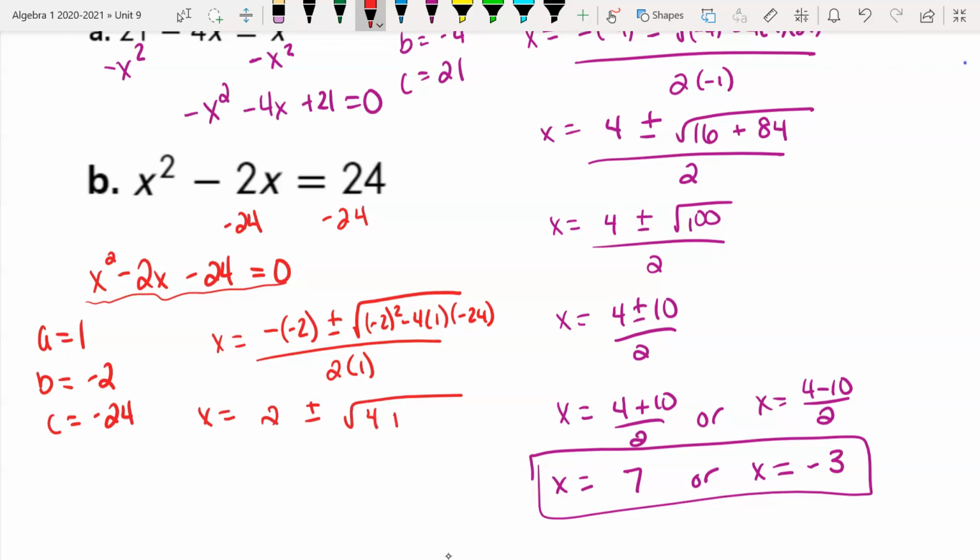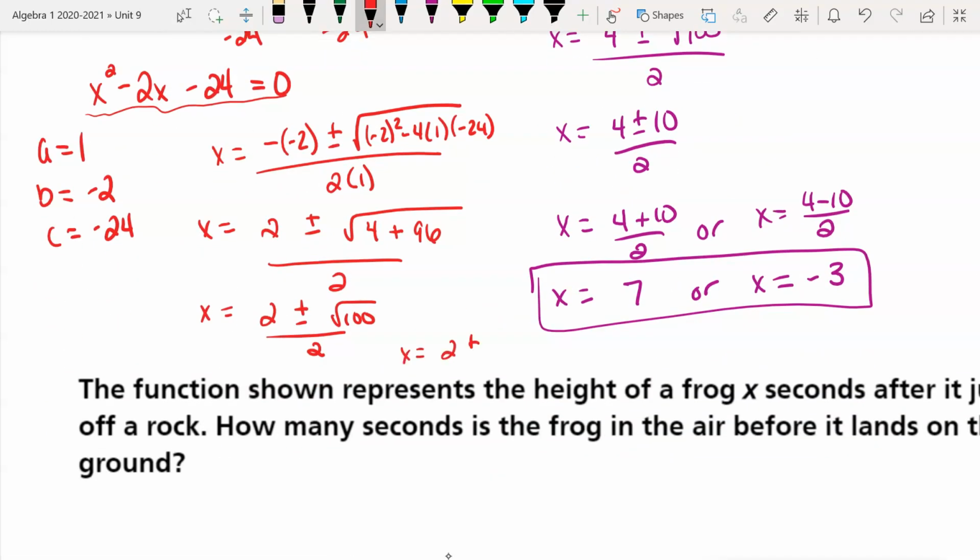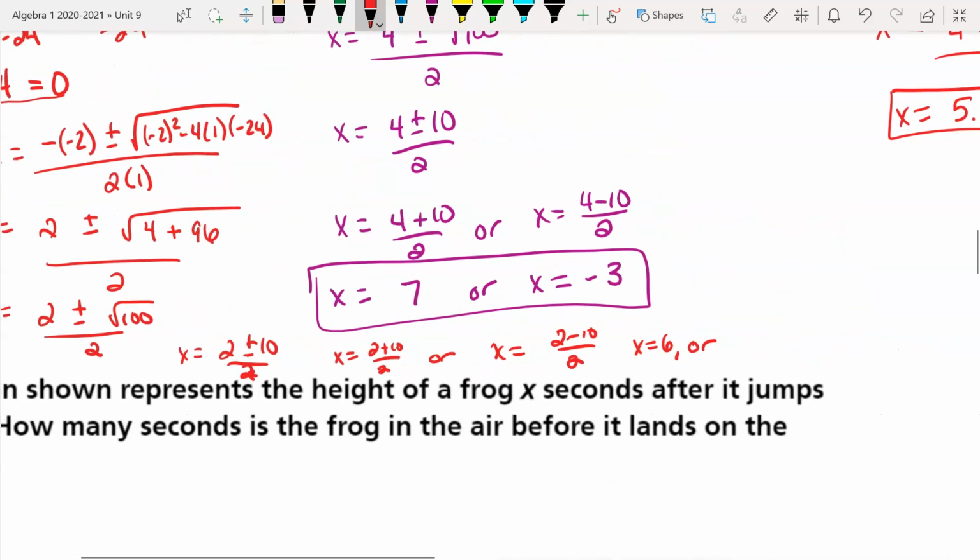So I get 4 plus 96. After I get the square root of 100, I simplify that to 10. Then I would say x equals 2 plus 10 divided by 2, or x equals 2 minus 10 divided by 2. So I'm going to get 6, or negative 4.